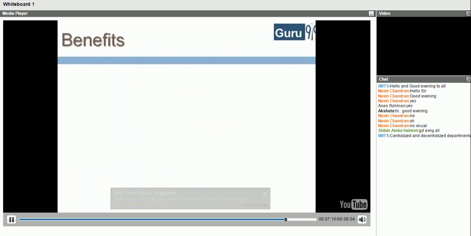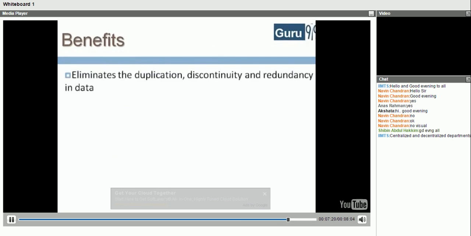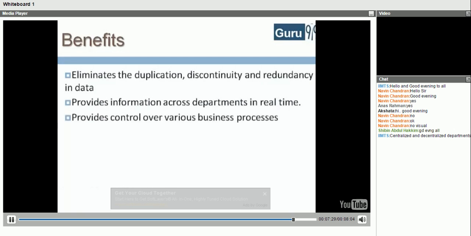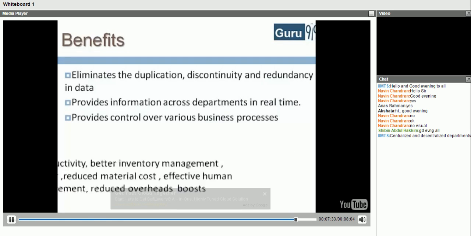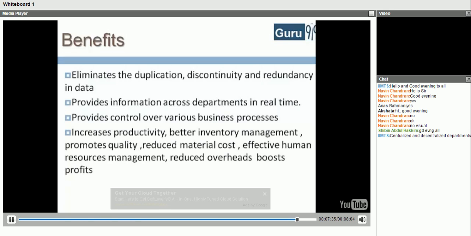The key benefits of the centralized system are: it eliminates the duplication, discontinuity, and redundancy in data. It provides information across departments in real time. It provides control over various business processes. It increases productivity, provides better inventory management, promotes quality, reduces material cost, allows for effective human resources management, and reduces overhead while boosting profits.